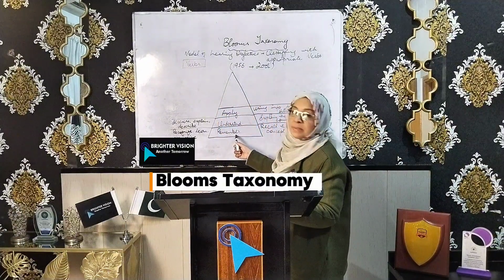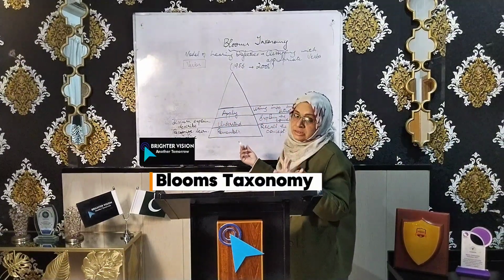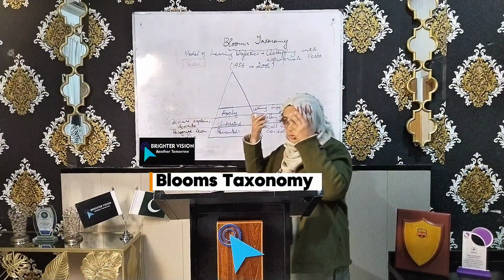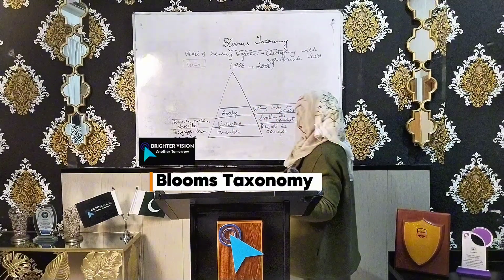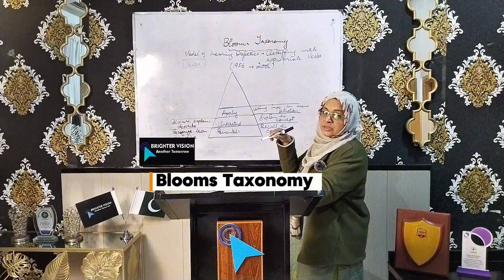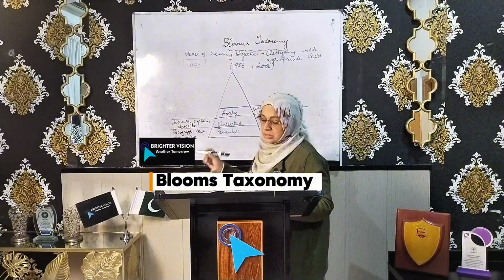Now, what the child has done till now: first he remembered, we gave him a recognition, he did it. Then he understood, then he used his brain in it. After understanding, now he used the information in a new situation. Now, what should be the verbs which we can use for it?